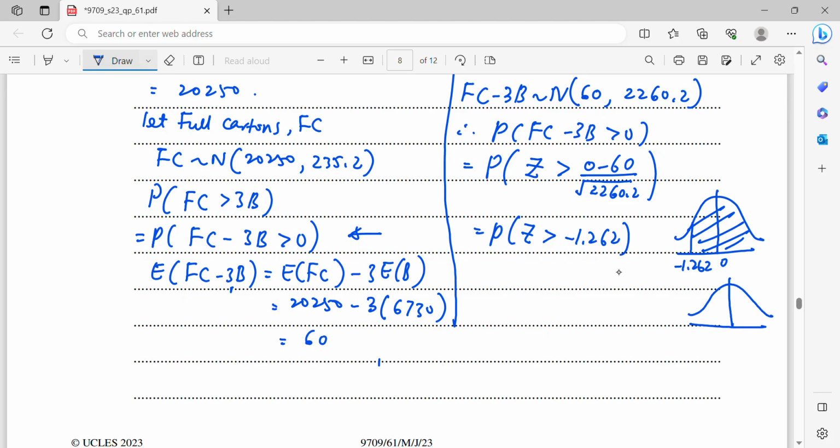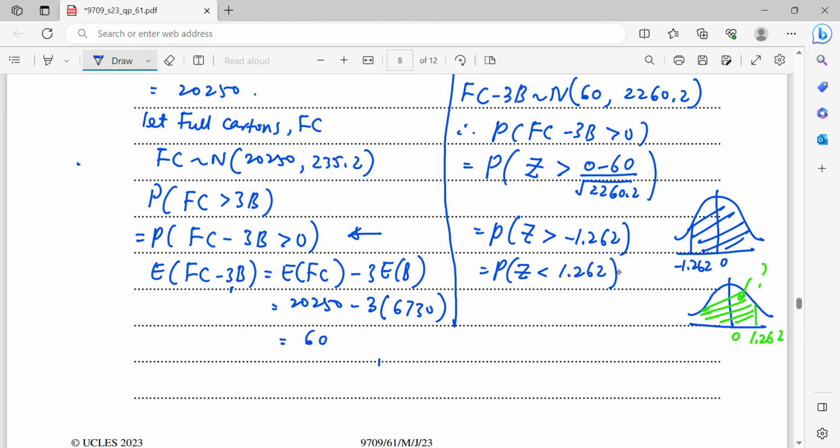So when you reflect, it will be on the right hand side and then the region becomes towards the left hand side. So at the same time your critical value is 1.262 positive. So it means that now you need to find the green region. Alright. So the green region is basically the probability that Z is less than 1.262.